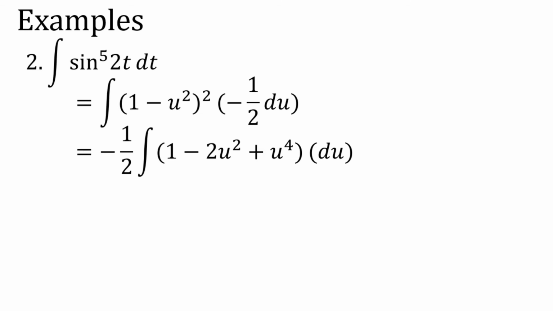We put negative 1/2 outside the integration symbol, and then we expanded 1 minus u square raised to 2, applying the principle of squaring a binomial. If we square 1 minus u square, the result will be 1 minus 2u square plus u to the 4th. Then bring down the u. So now we have negative 1/2, the integral of 1 minus 2u square plus u to the 4 times du.